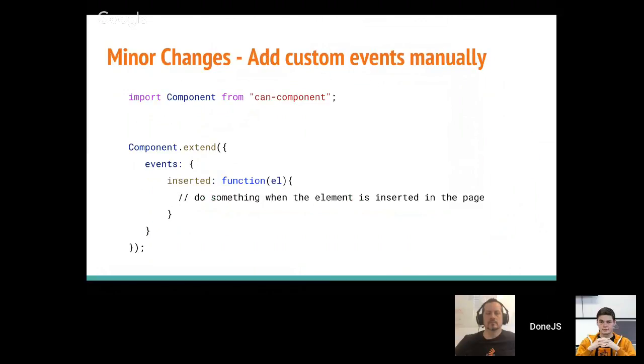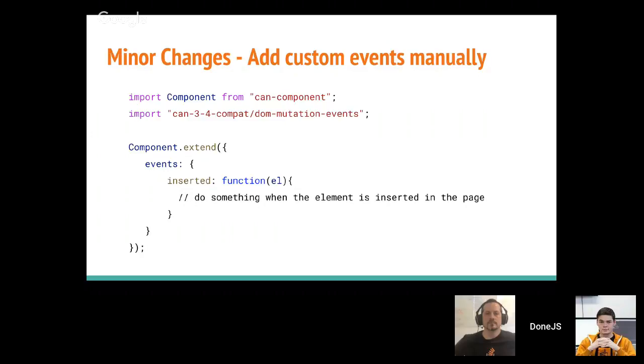All right, the next thing is that custom events, so events that aren't natively supported by the DOM, are no longer included automatically. This is like the inserted event, removed event, the enter event, things like that that aren't actual DOM events. They are not included by default. You have to do a little bit of work to include these. So if you're using inserted and removed events, what you'll want to do is install this can-3.4-compat package, which makes inserted and removed work exactly like it used to.